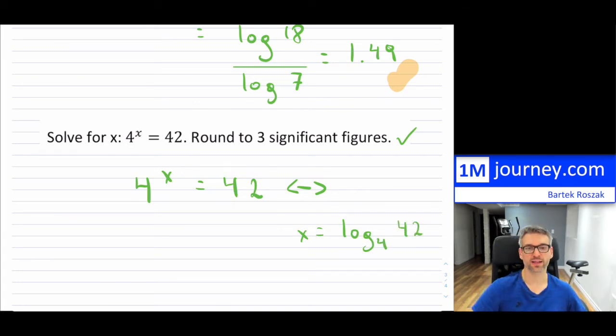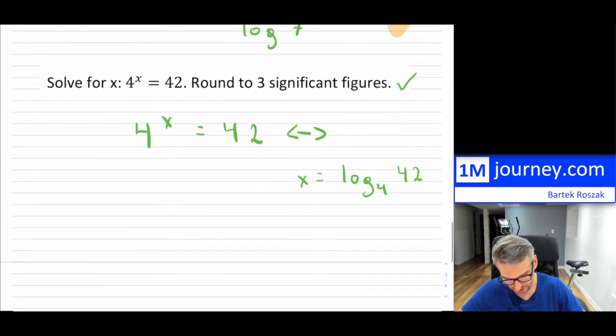These are equivalent. And so from here, you can just find out exactly what log base 4 of 42 is. You can change the base to either Euler's number, so you can use ln, or you can use log. Okay, you can change it to base 10 and then find the answer.